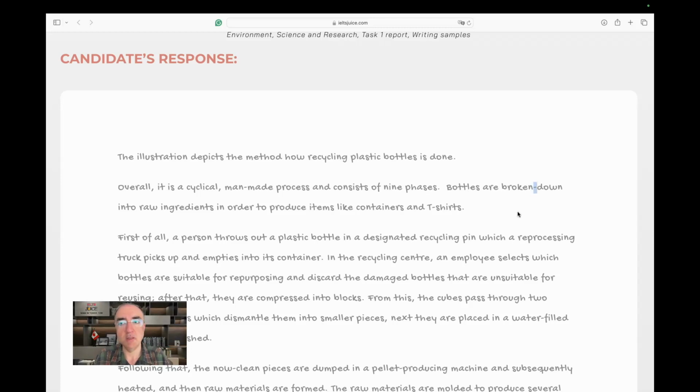I don't need the hyphen here. They are broken down. It's a verb. It's a phrasal verb. And we need the past participle format of it, sorry. Bottles are broken, nothing, space, down into raw ingredients in order to produce items like containers and t-shirts.